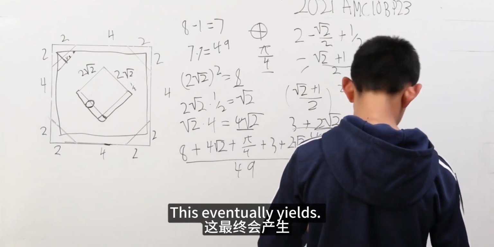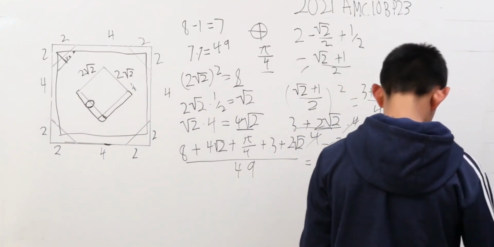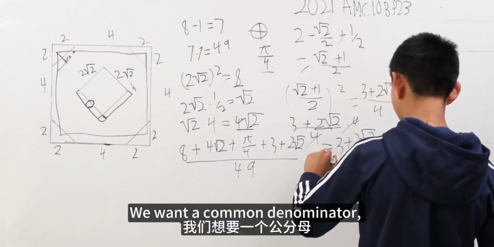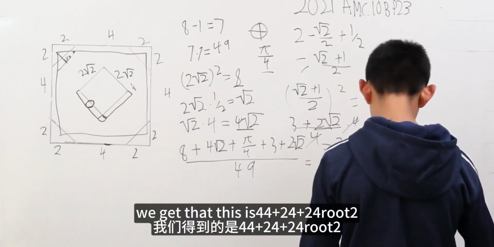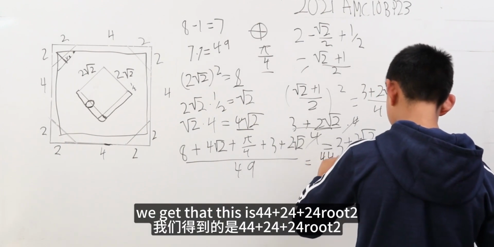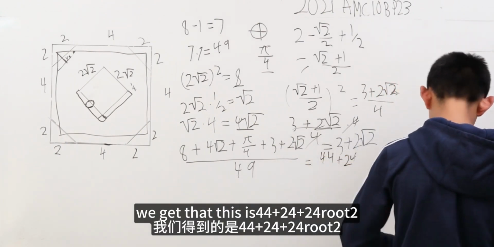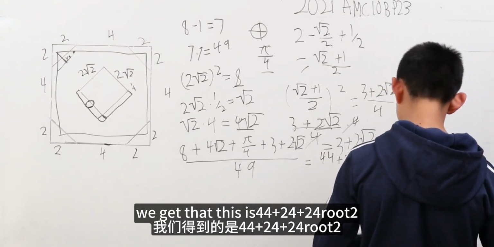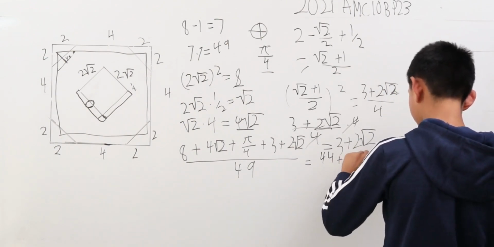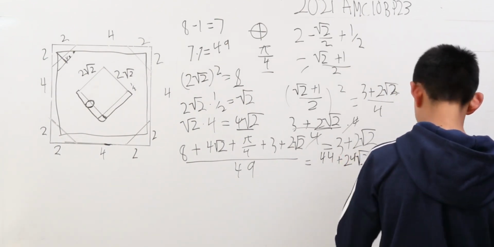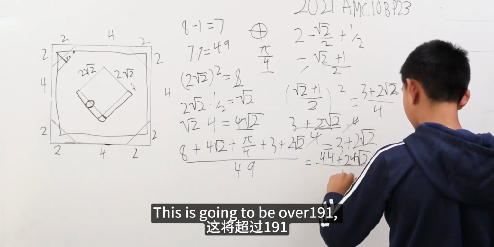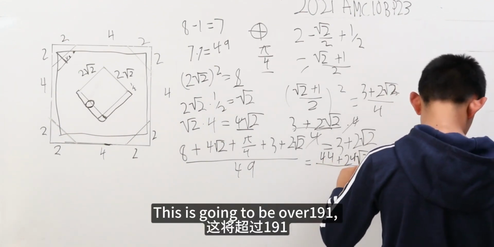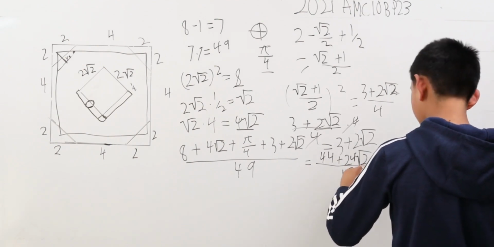This eventually yields, well, we want a common denominator, so when we get to the common denominator, we get 44 plus 24√2 plus π over 196.